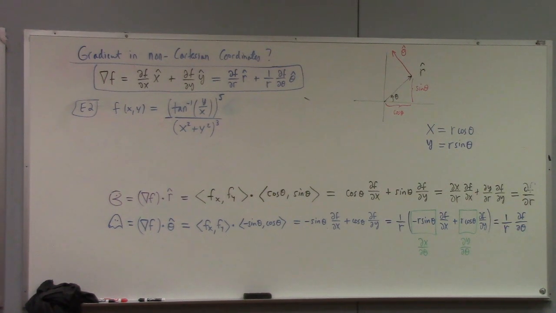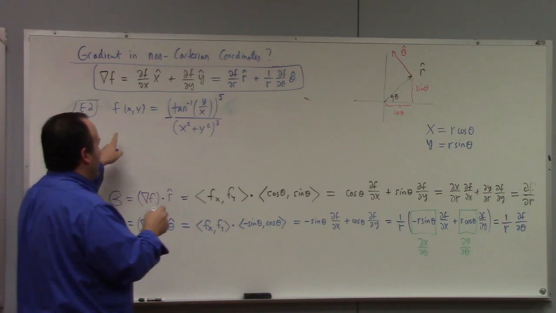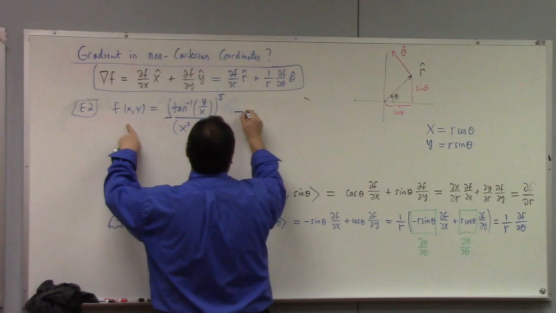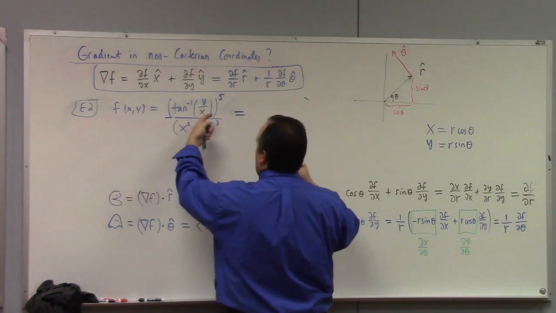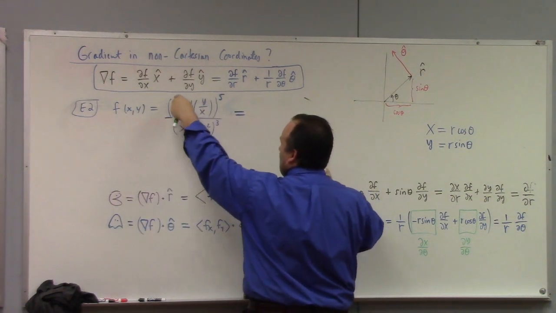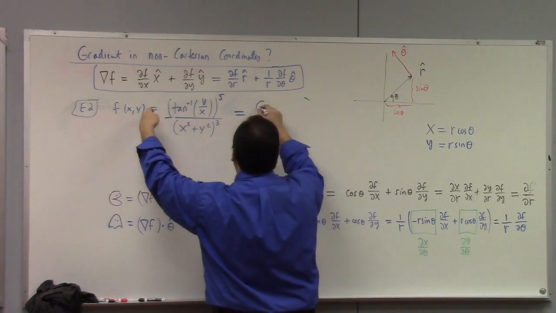See, in xy coordinates, I just don't even want to do it, right? But if you convert to polar coordinates, what am I looking at? What is the formula in polar coordinates? This is exactly theta, right?